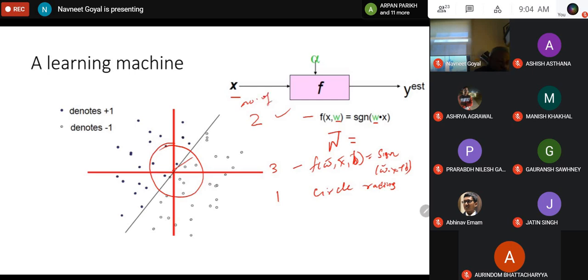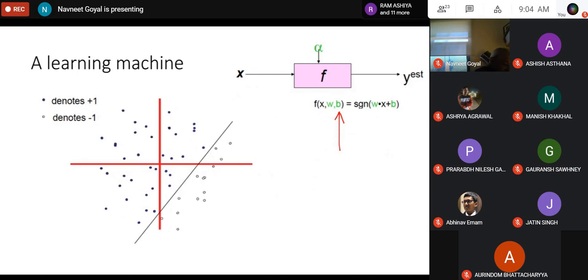And we already know that if you have more parameters in a model, that model is more complex, or you can say its capacity is more. You can see that if my line can pass from anywhere in this 2D plane, then it will be able to deal with more different kinds of data sets, compared to a linear classifier like this one.